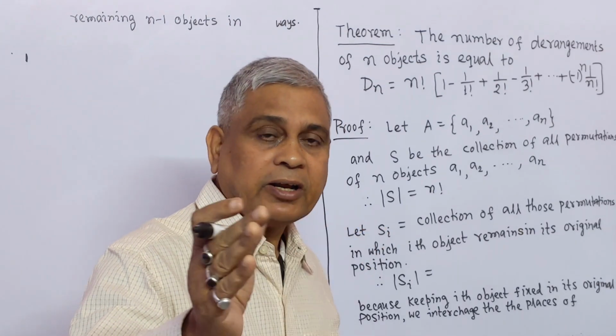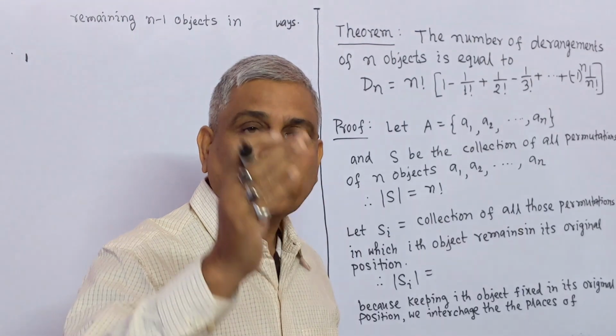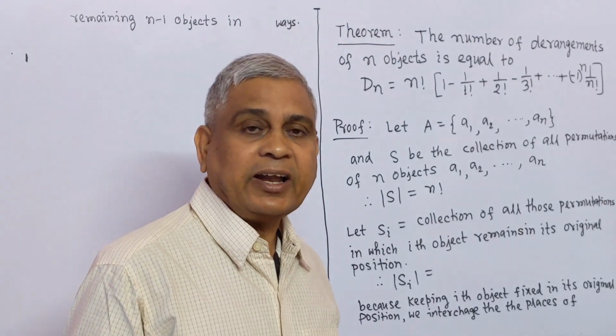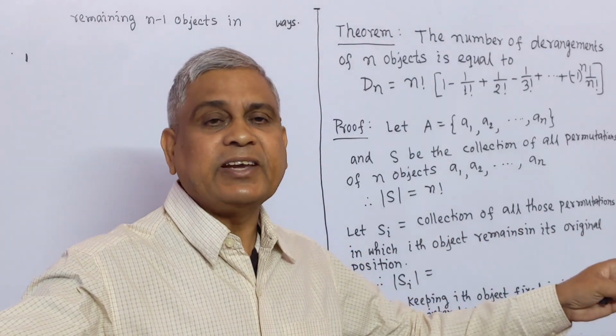It will not interchange with other objects, so the remaining n minus 1 objects will interchange their places.